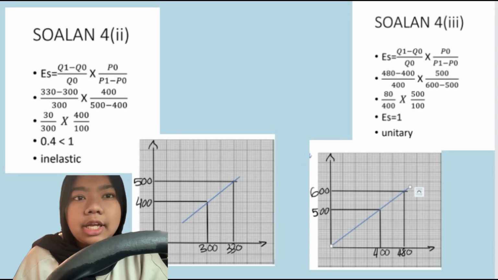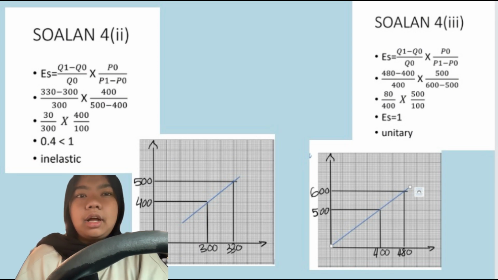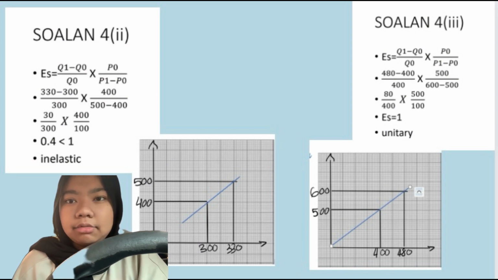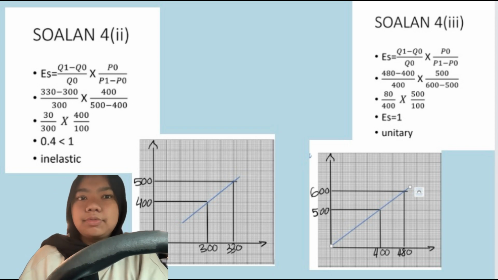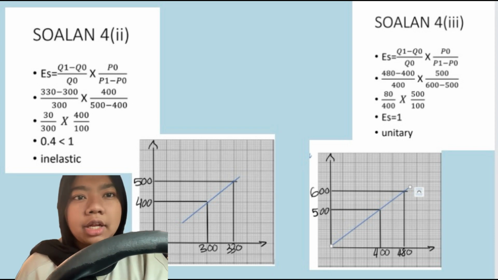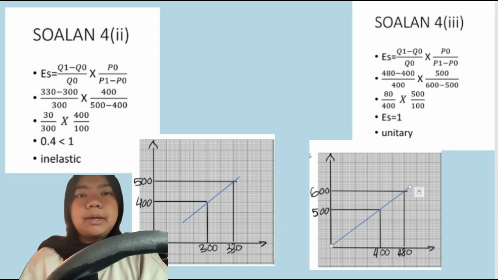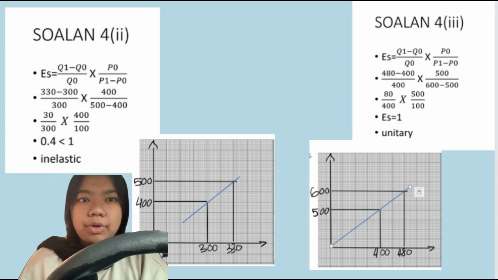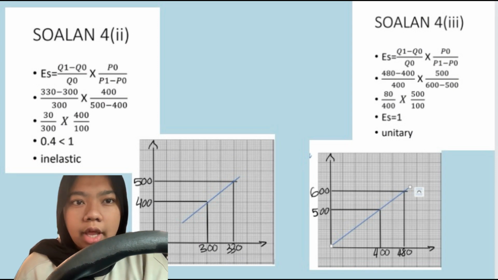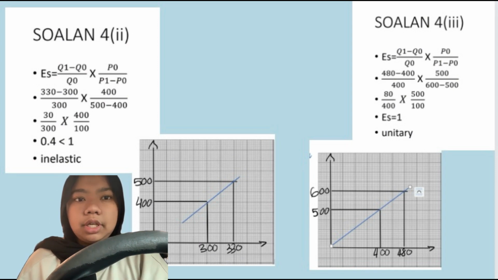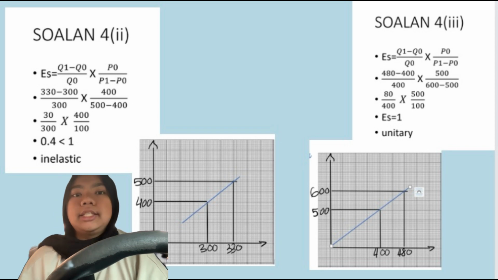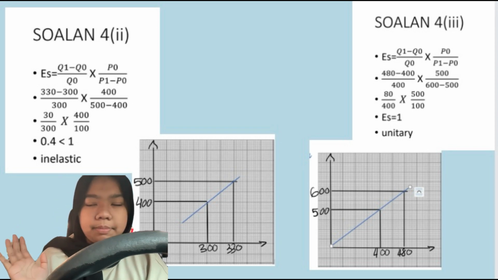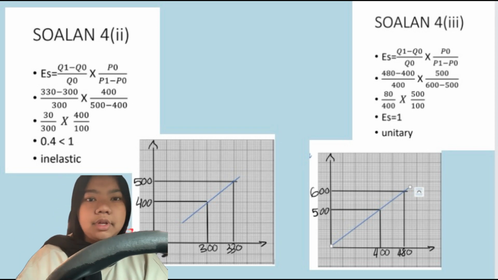We use 330 minus 300, divided by 300, times 400 divided by 500 minus 400, and we get 30 per 300 times 400 divided by 100. So we get 1.4, and it is elastic. So this is the example graph.